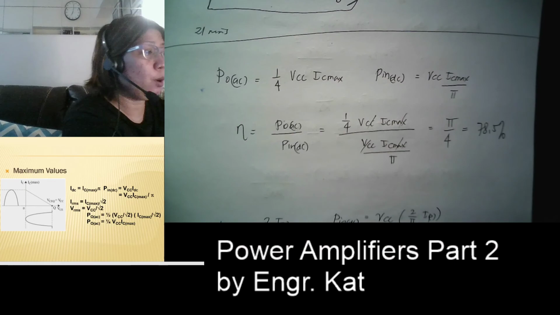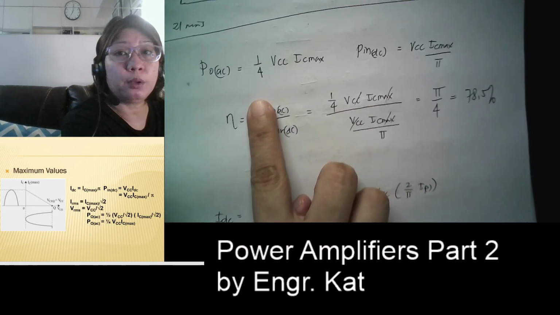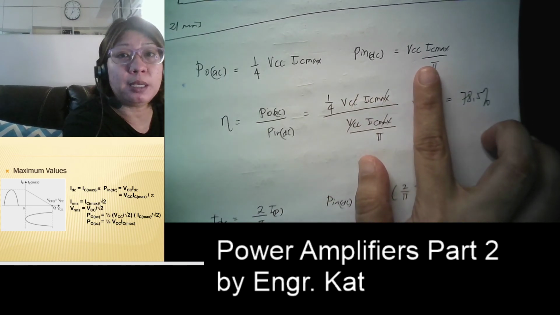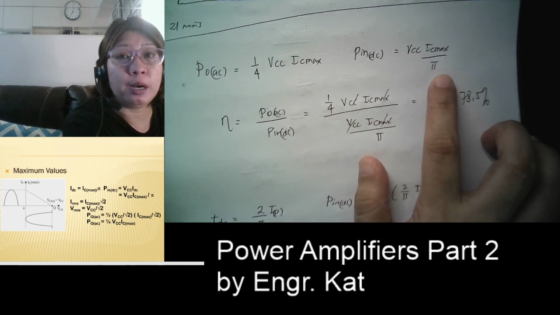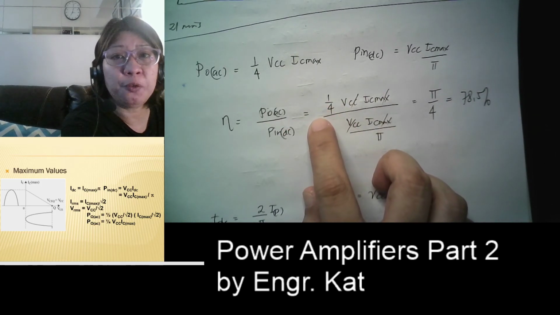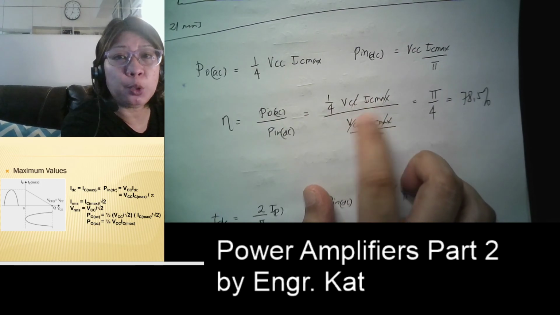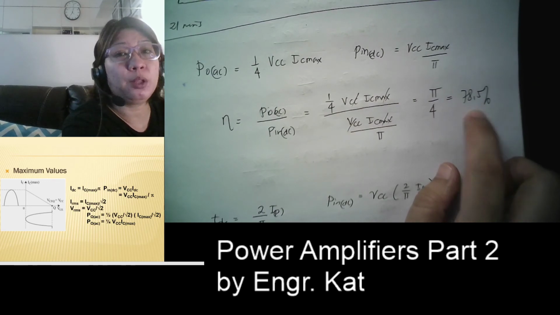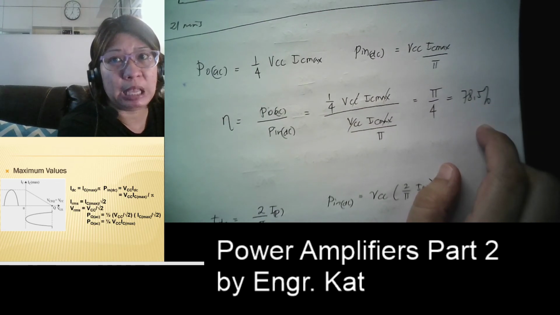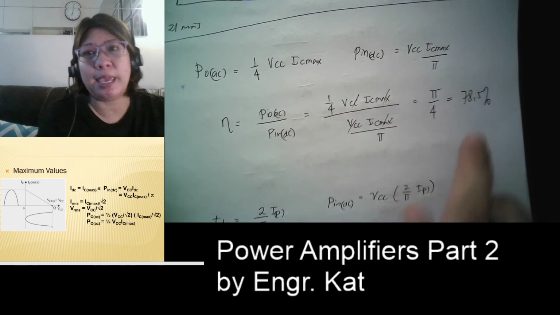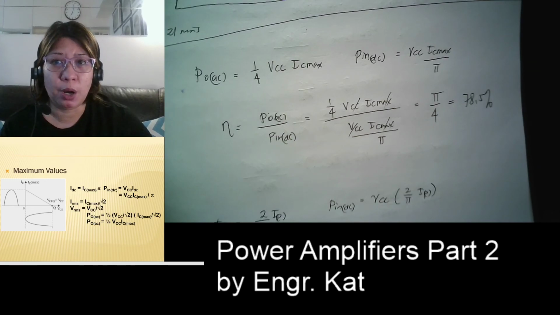So we have here your POAC, which is equivalent to 1/4 of your VCC multiplied by IC max, and P in DC is VCC, IC max all over pi. So VCC IC max will be cancelled out, giving us pi over 4, which is equivalent to 78.5%. Okay, class. So this is the maximum theoretical efficiency for a Class B amplifier. So we have to remember that.